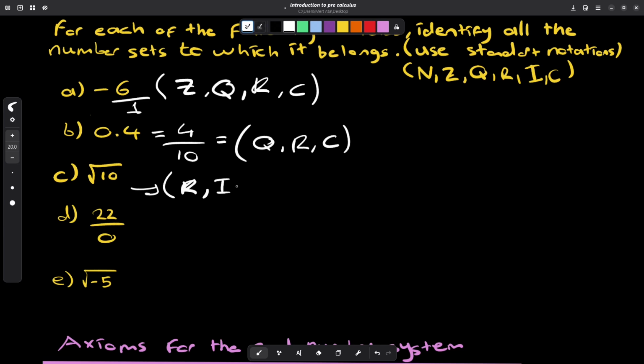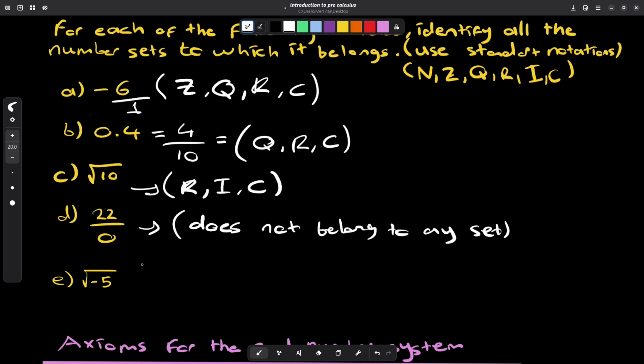So I show it with I, and it's in the set of complex numbers again. We have to be careful with this example because we know we cannot divide any number by 0. Therefore, this does not belong to any set. So we'll just say it does not belong to any set.